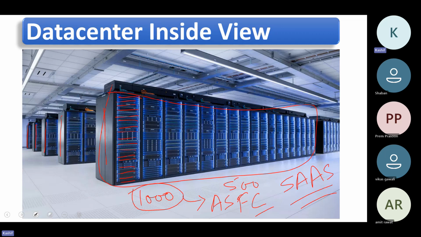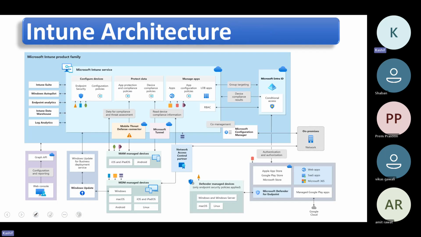The same concept here. It's a SaaS product. Whatever services you are utilizing, you will have to pay for it, depending on the number of licenses you are consuming. Suppose you are taking 1000 licenses, you will have to pay for 1000 licenses. So this was the inside view of the data center.